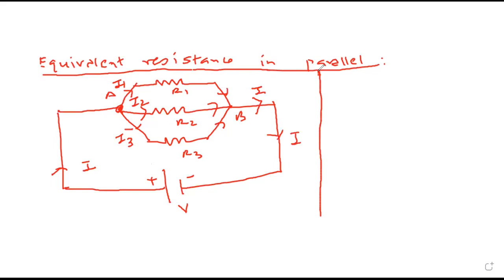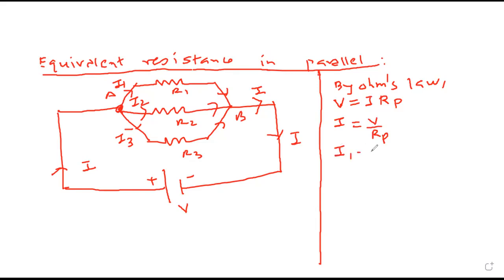This time we can say let I be the total current and Rp be the equivalent resistance. So by Ohm's law, I can say V is I into R parallel. Therefore, I is V upon Rp. So I1 will be V upon R1, I2 is V upon R2 and I3 is V upon R3.